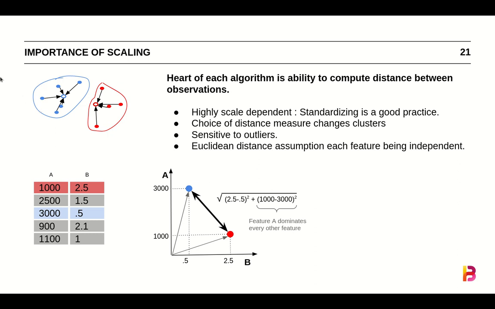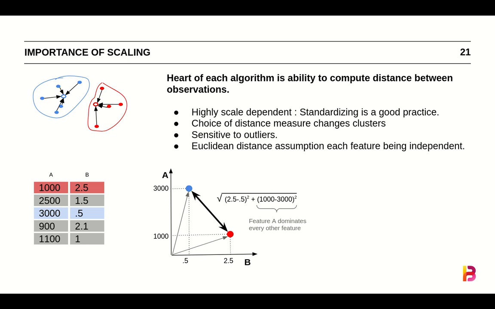In the sense, you will end up having only a cluster around that outlier and everything becoming closer to one cloud, and that's not very desirable. That would not lead to the right kind of segregation between the data set. So it's very important to identify outliers and treat them before we use this kind of algorithms.